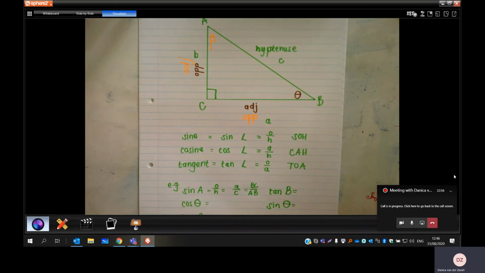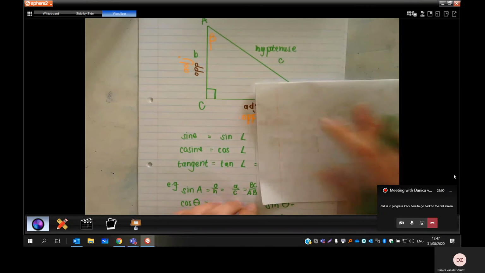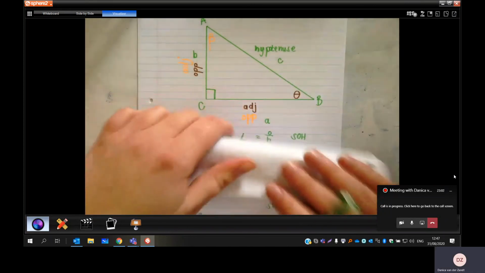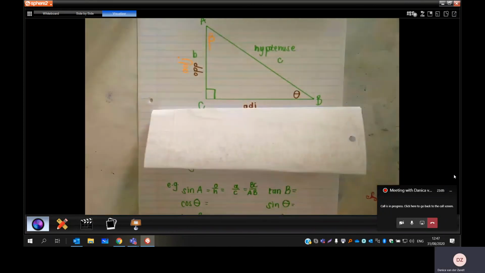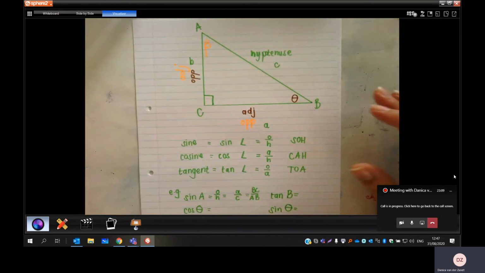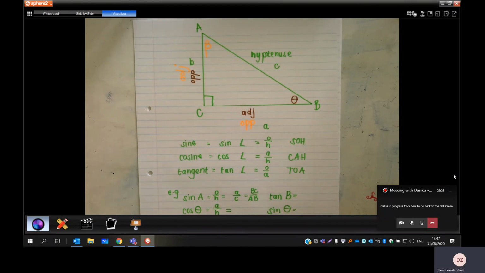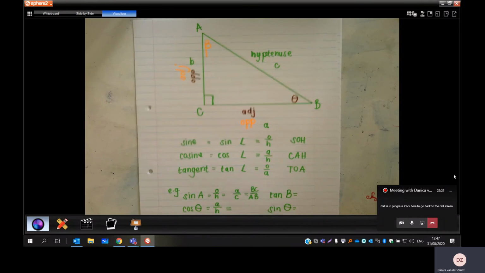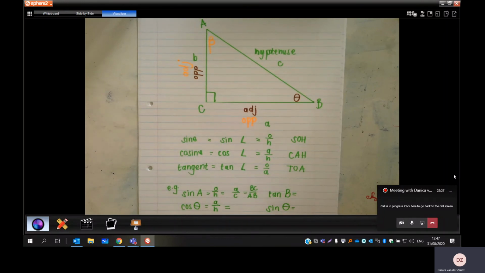So without looking it up, although you have it in front of you, so I don't know why I'm hiding it. Cos is which set of ratios? CA is adjacent over hypotenuse. Okay? You see why naming a triangle ABC can actually be misleading.